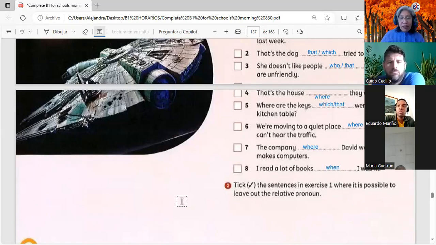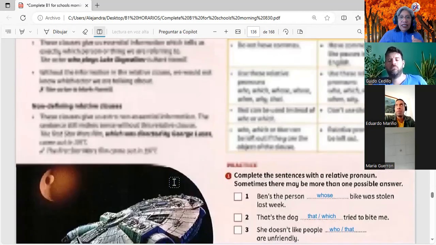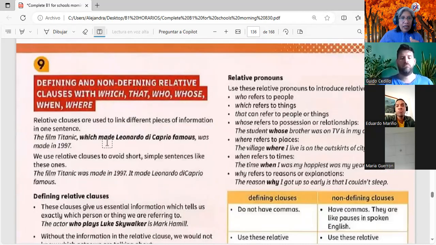Nevertheless, we're going to keep on practicing next week. Listen, next week, as we are in unit 9, next Tuesday we're having test number 2, quiz number 2. Tuesday, reading, writing, and use of English, and Wednesday, listening test.